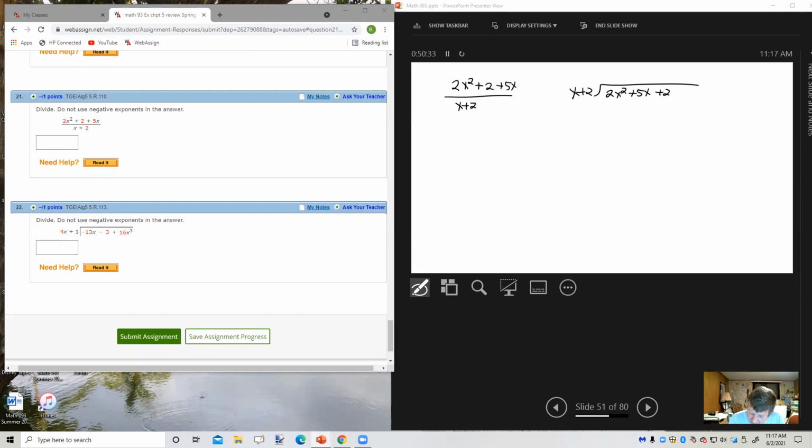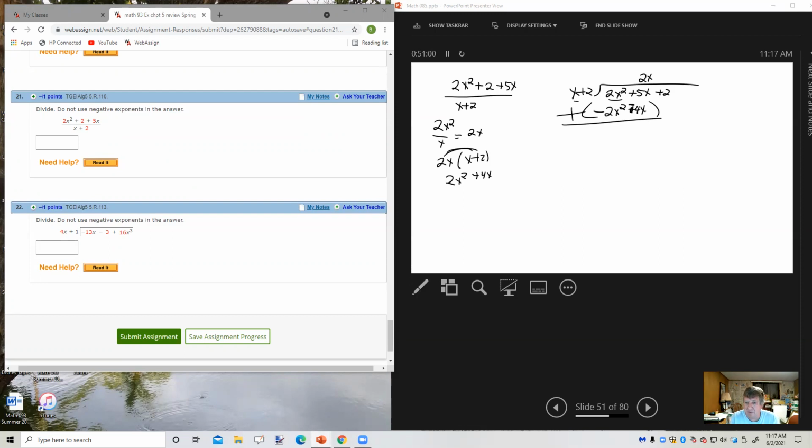So I'm going to take the leading term inside divided by the leading term outside. 2x squared divided by x is 2x, which goes up there. Then I'm going to take that 2x times the divisor, x plus 2, which is 2x squared plus 4x. Put that there. Subtract that quantity from what's up above. Change it to addition of the opposite.